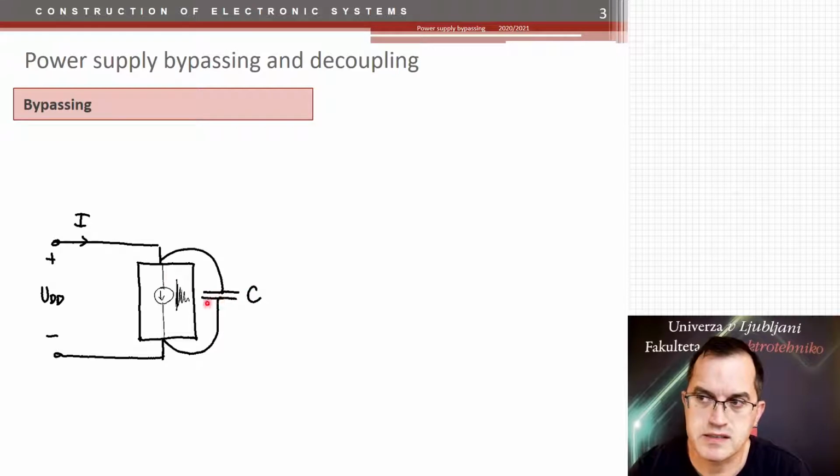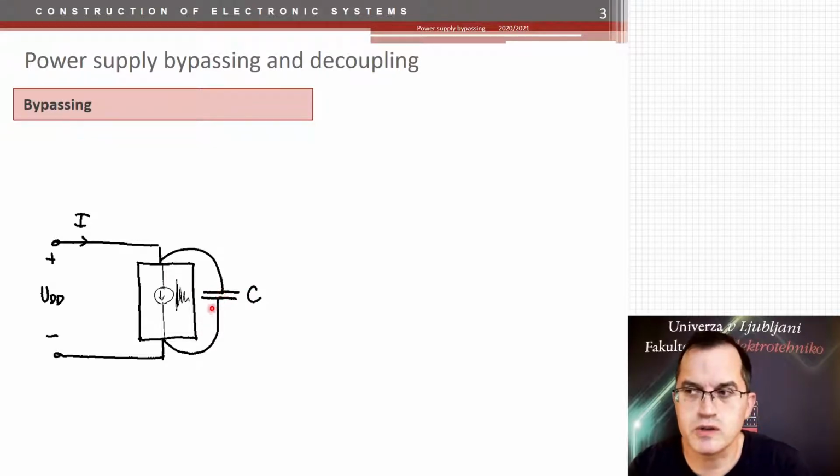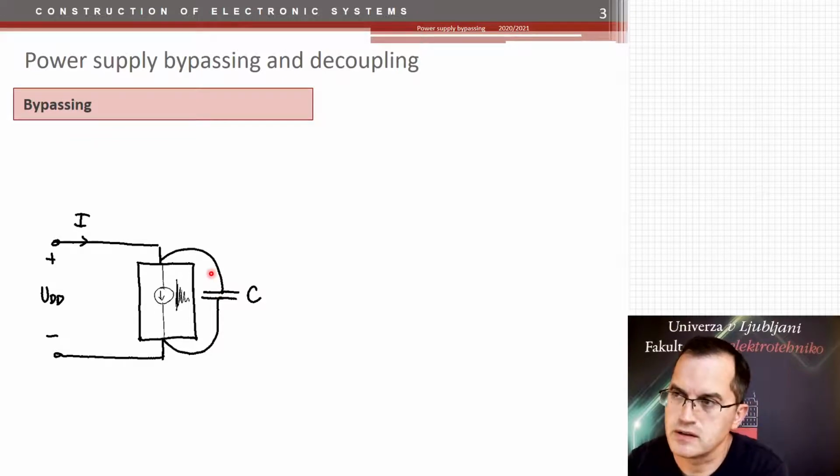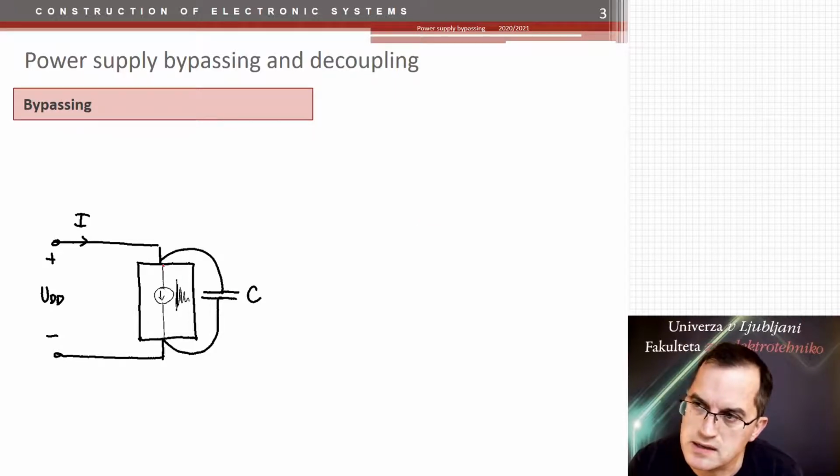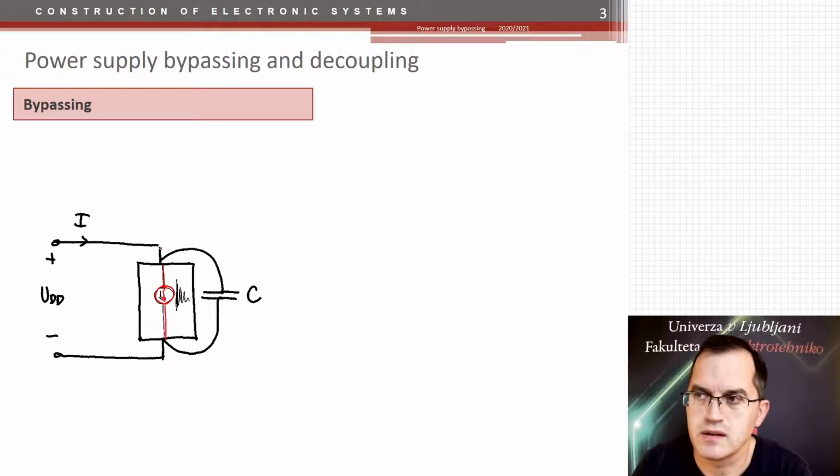And this capacitor then provides a so-called short high frequency path for this current. So you can imagine this current as a current source that is supplied by this power supply voltage.